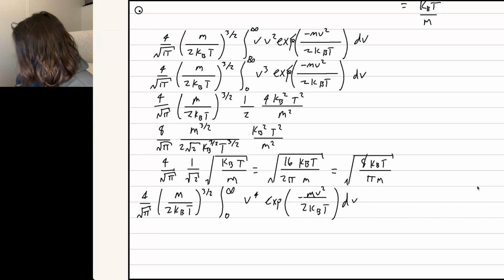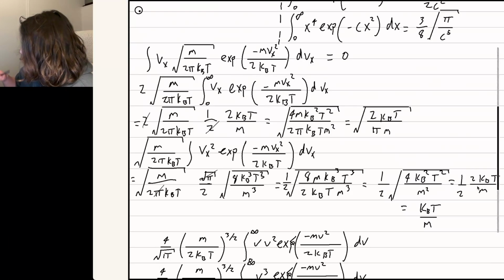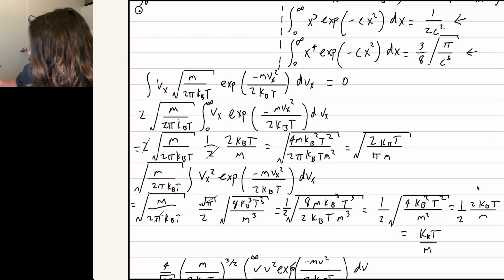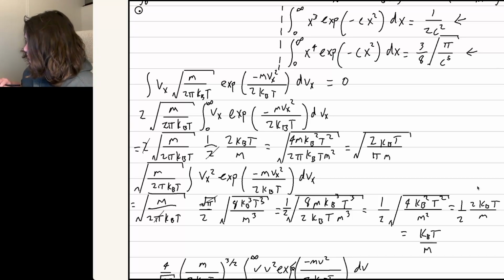So this is going to be our last table integral that we use, which has a result equal to 3/8 times the square root of pi over c to the 5th, right?